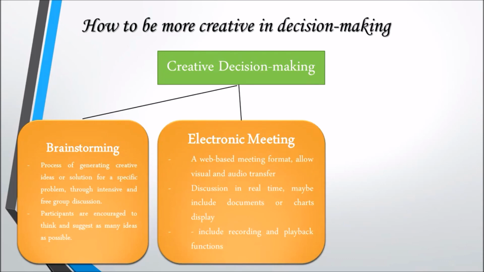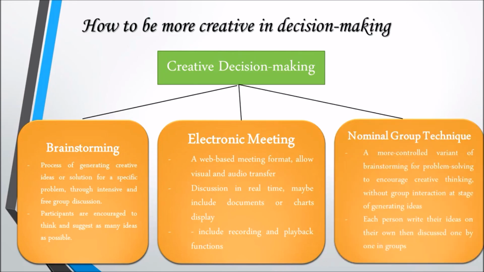This is a web-based meeting format that allows participants to have visual and audio transfer. This takes place in real time, and may include sharing documents or chart and table displays. One special thing is that this includes recording and playback functions to review.